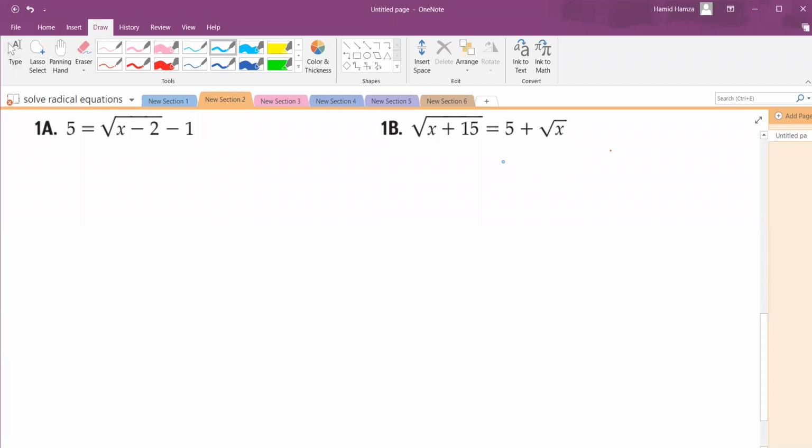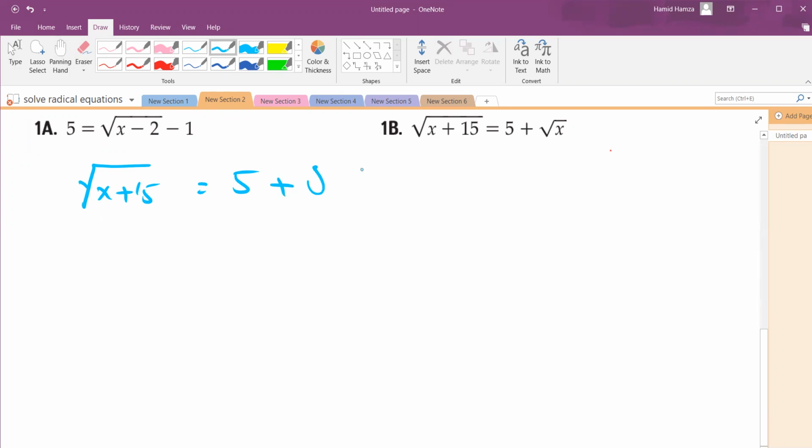When we have two roots like this, guys, we square directly. So we square the equation.